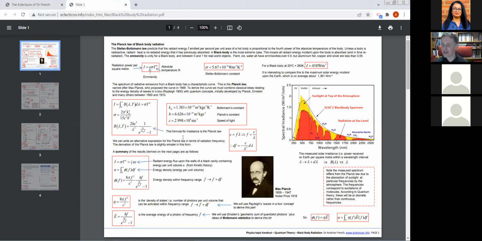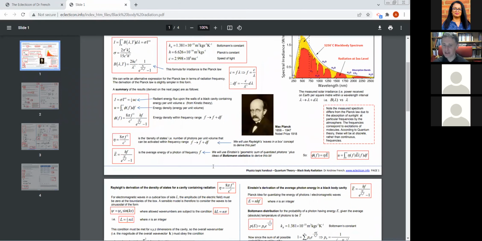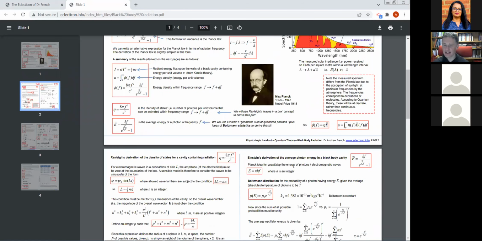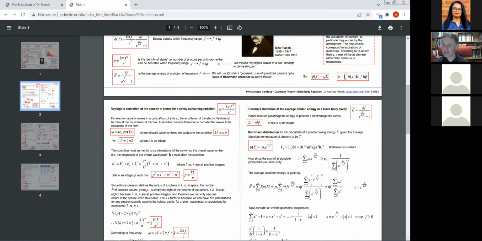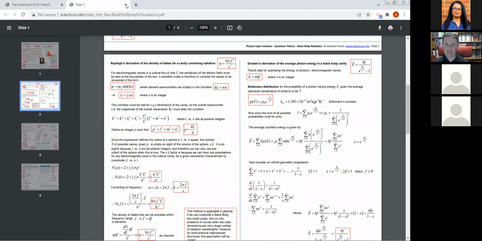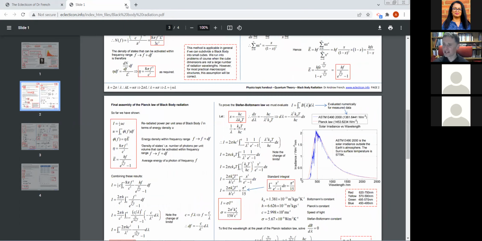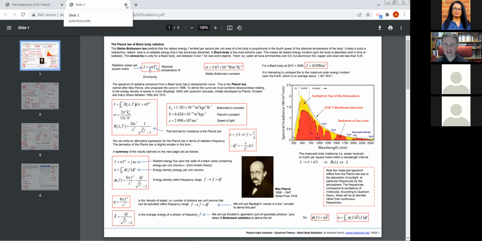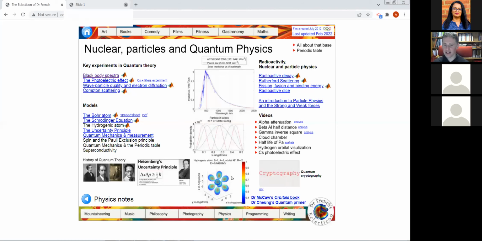But if you really want to know how it all works, I take you through the derivation. All the guts are there. It's not too bad, but you'll certainly do that in first year university. But if you want to get ahead, you can access the notes for this all here, and much more besides.